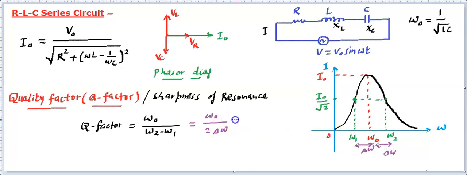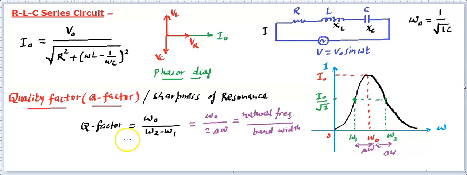And you'll find it can be written as the natural frequency of oscillation divided by bandwidth. This can be further simplified to get the final expression.